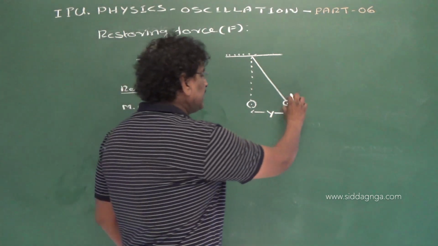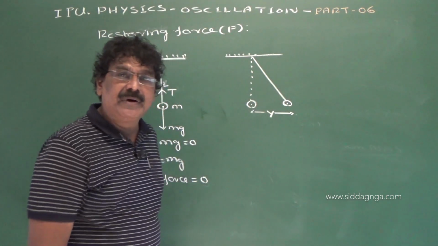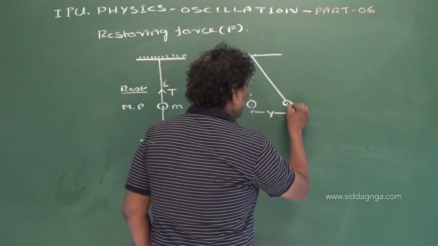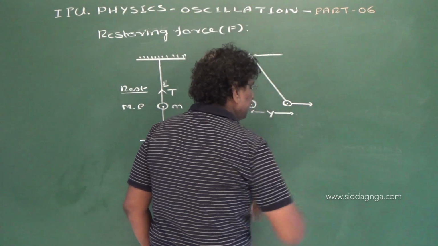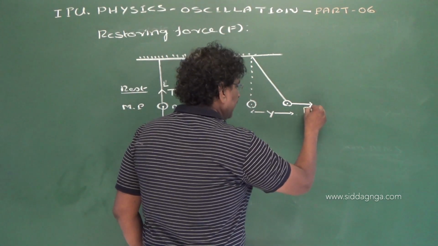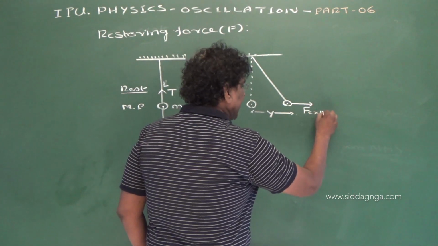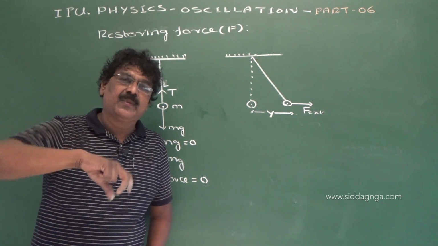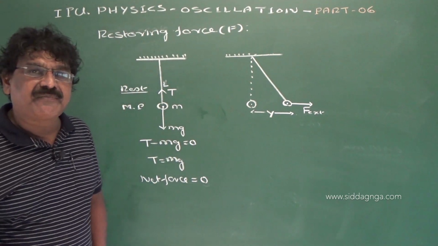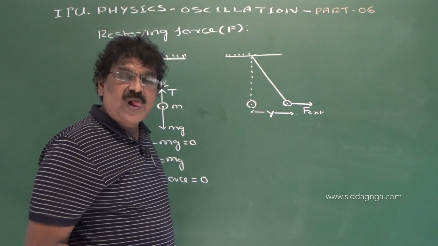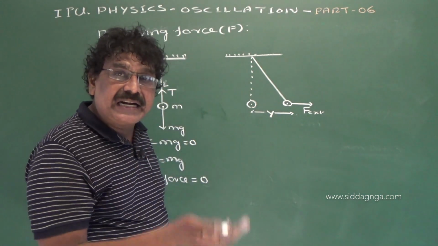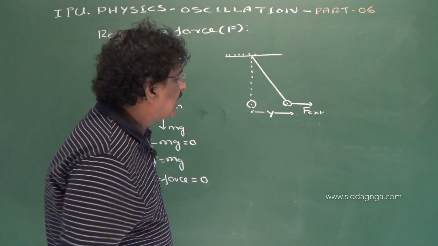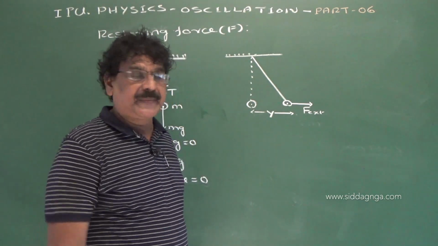As long as I am holding this bob, the bob will be at rest. This is what we call external force, a force that is acting on the system from outside, or we can call it displacing force, the force that causes displacement in the bob.